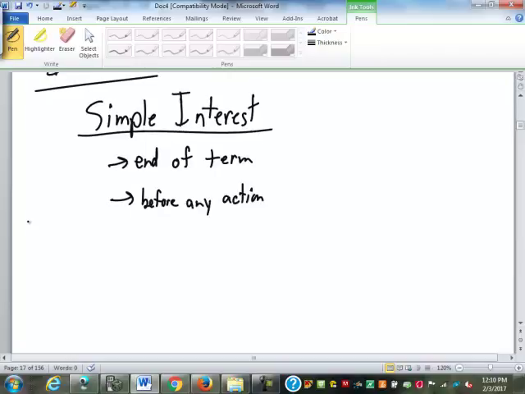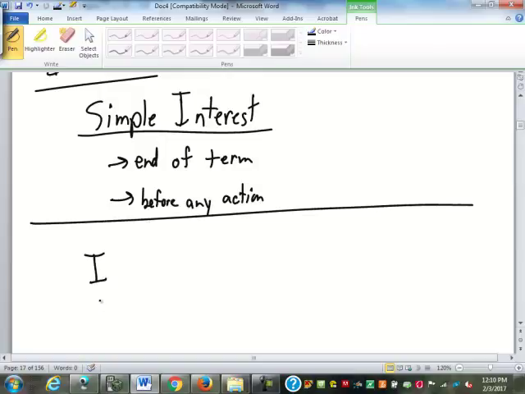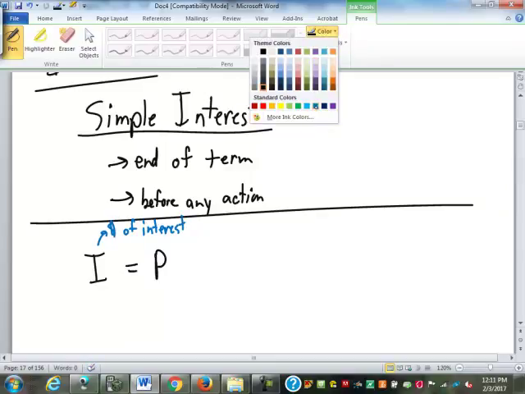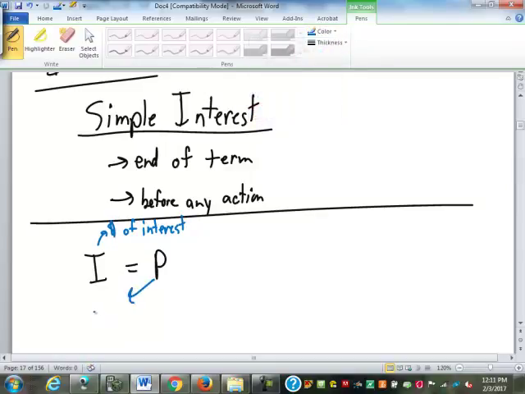The formulas for simple interest. The amount of interest, I, that's the dollar amount of interest, is equal to P. P stands for principal. That is your beginning amount or starting amount.